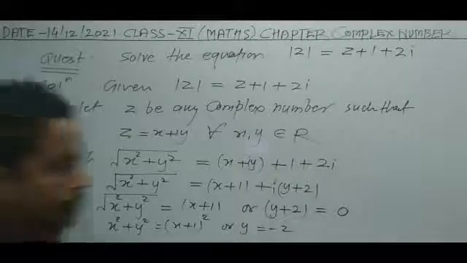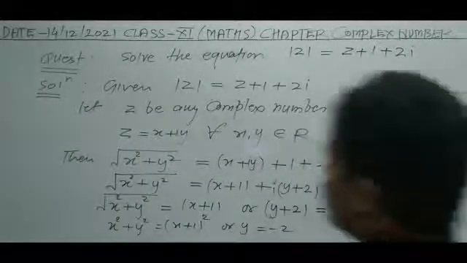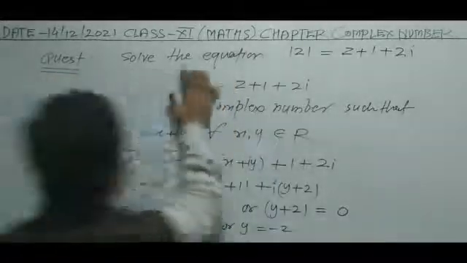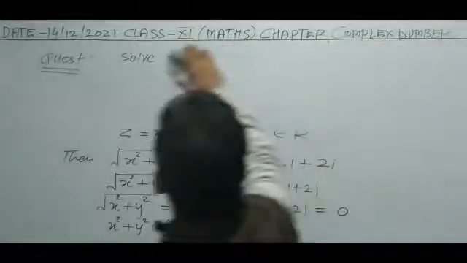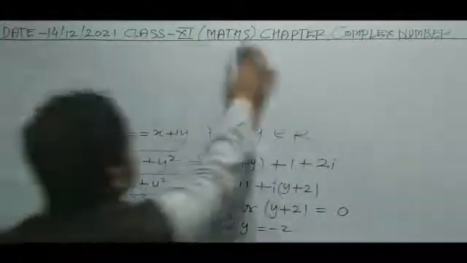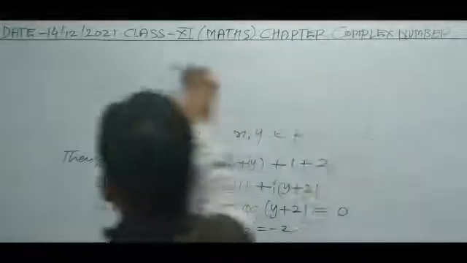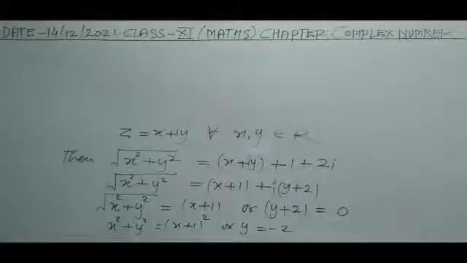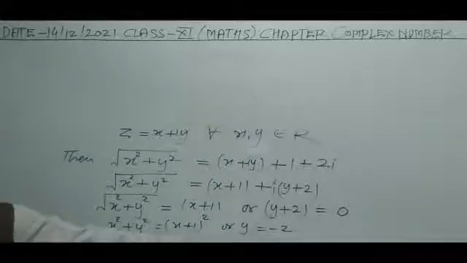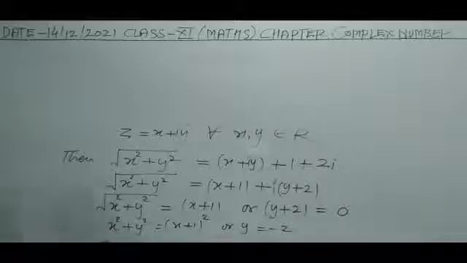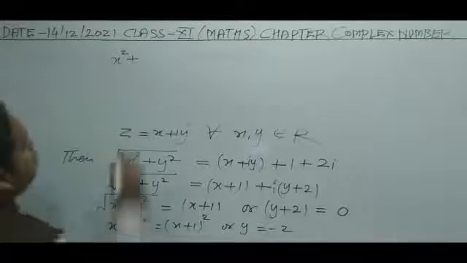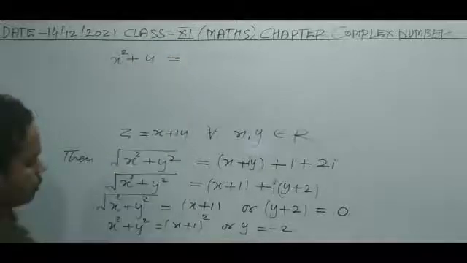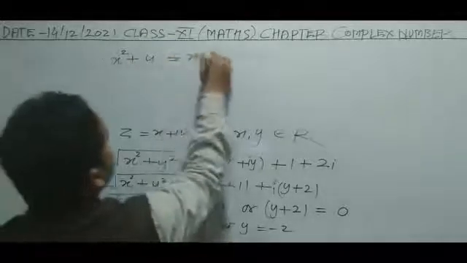Now you can see this value y is minus 2, so we can put it here. Since y square is 4, x square plus 4 is equal to x plus 1 whole square.